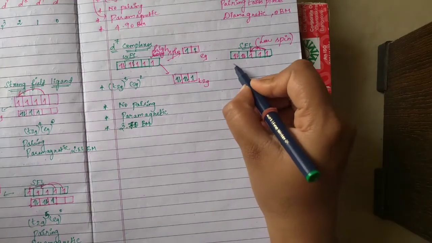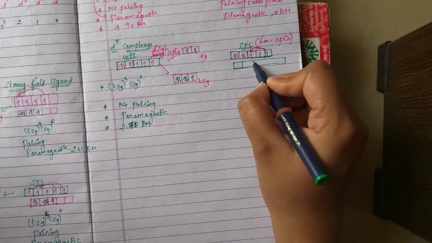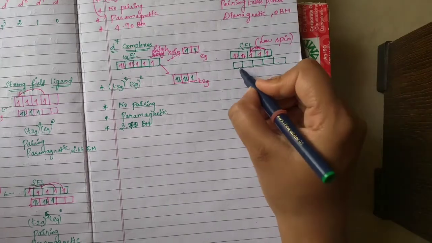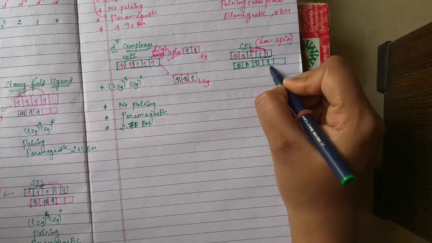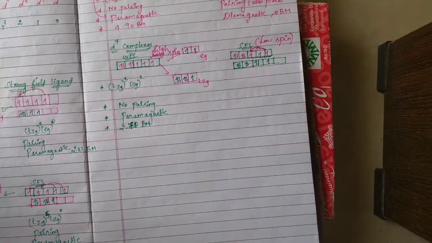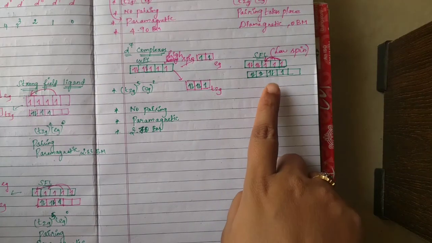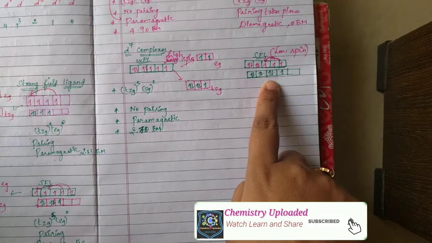So now 1, 2, 3, 4, 5, 6, 1. But in strong field for d7 complex, it is different, students.